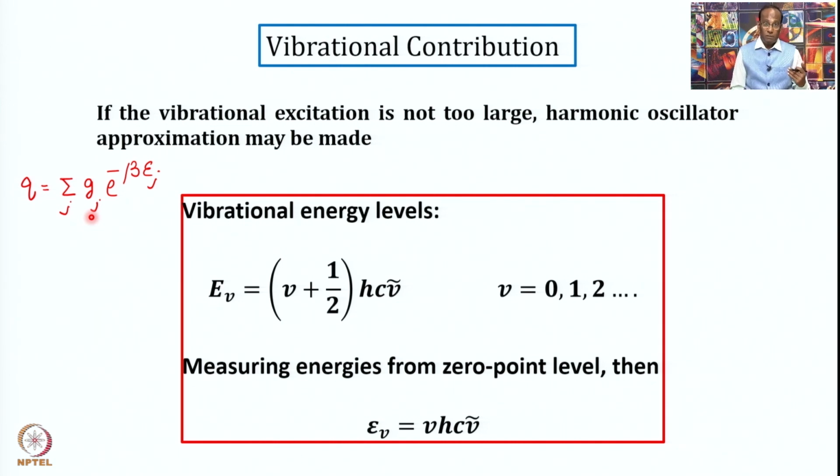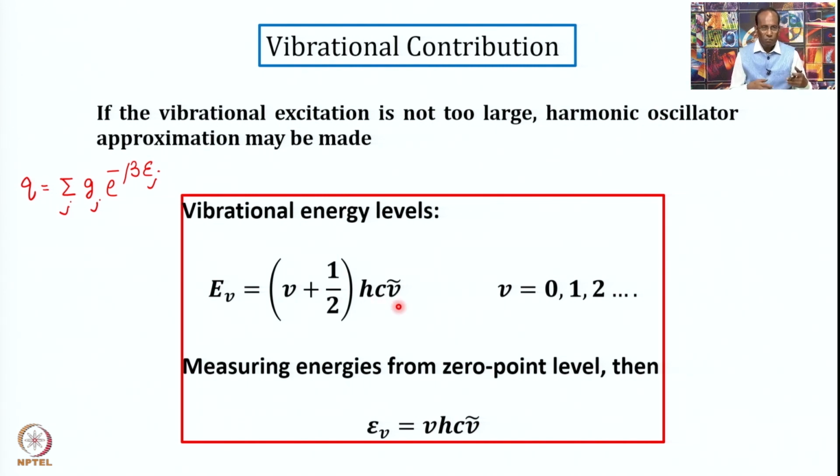Vibrational energy levels are given by this expression. EV, which represents vibrational energy, is V plus half times Hc nu bar, where V is the vibrational quantum number and its value can range from 0, 1, 2 onwards, whole numbers. And nu bar is the vibrational frequency. So, Hc nu bar represents the energy.